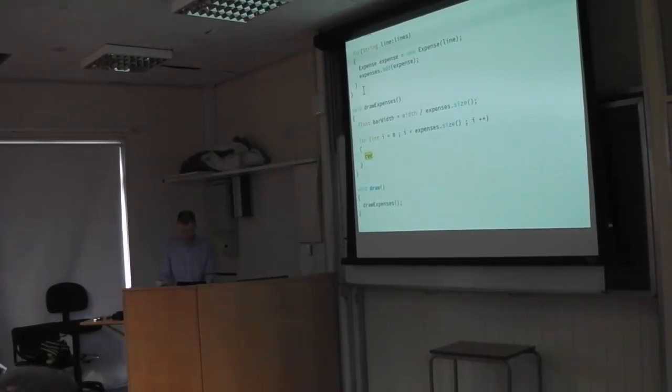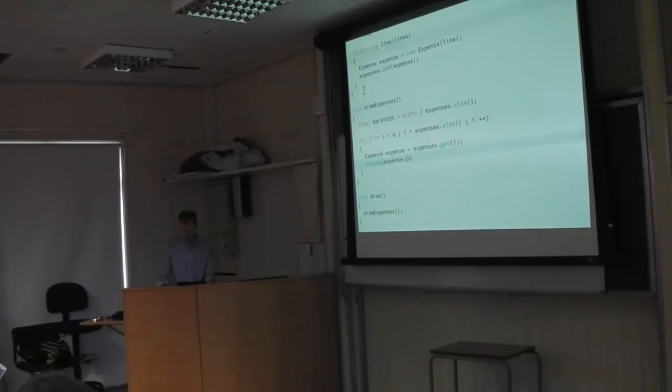Oh yeah, let's do stroke. It's going to be equal to expenses. How do I get an element out of an array list? Dot get, yeah, at position i.